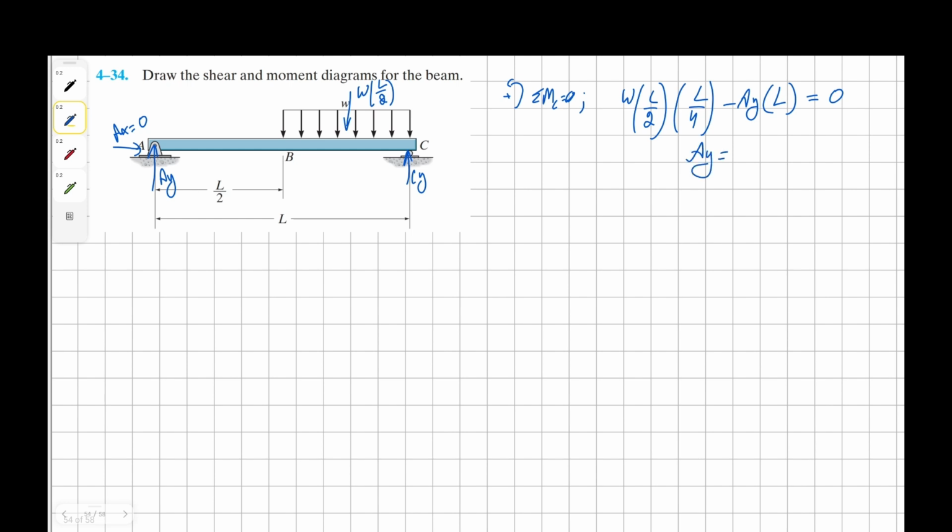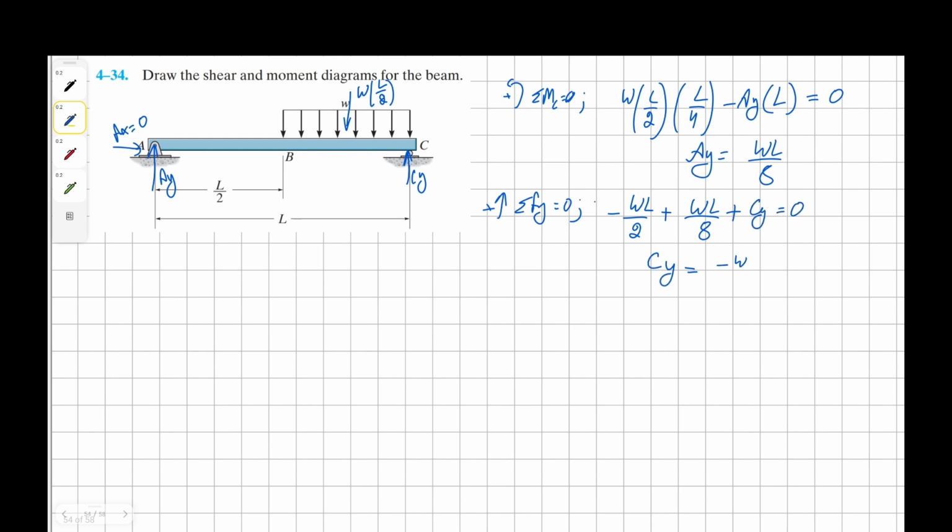And solving for AY, we're going to have WL over 8 as our solution. And then for our CY, we simply have to sum the forces in the Y direction. We're going to have negative WL over 2, and then positive WL over 8, positive CY, all equals 0.